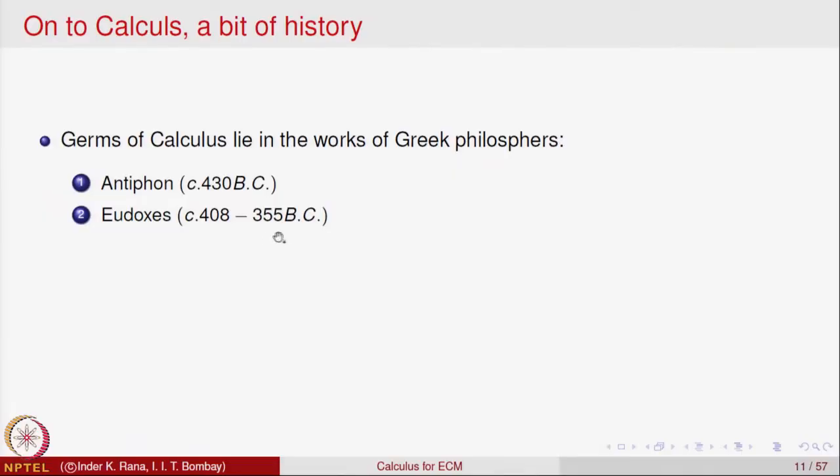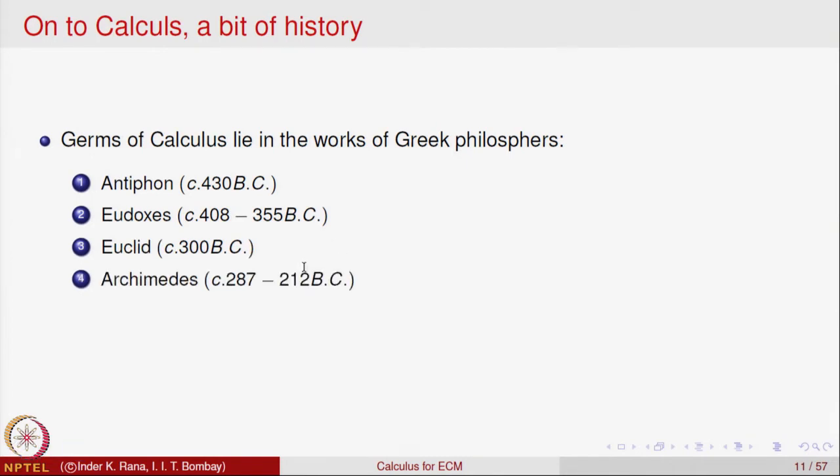Some of them I will name: Antiphon around 430 years before Christ, Eudoxus around 408 to 355 BC, then Euclid around 300 BC, and of course, Archimedes around 287 to 212 BC.